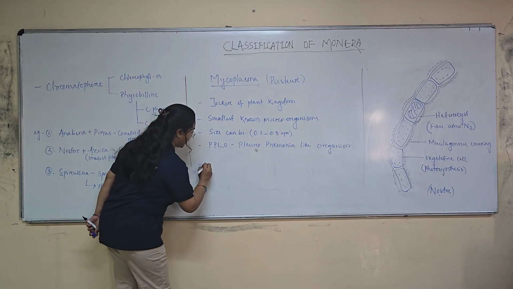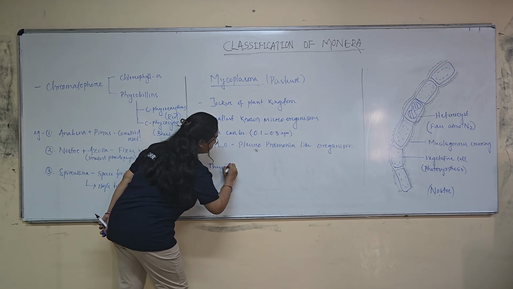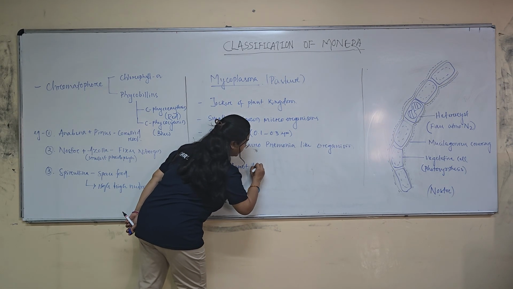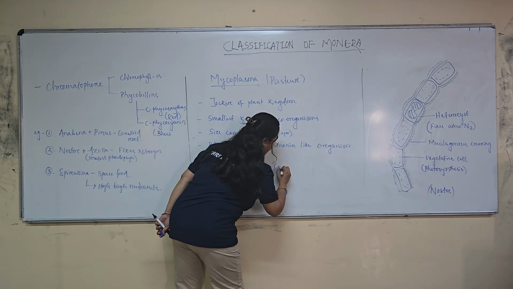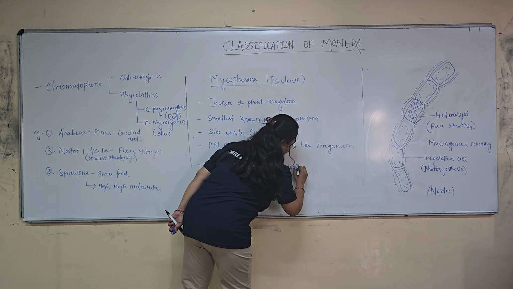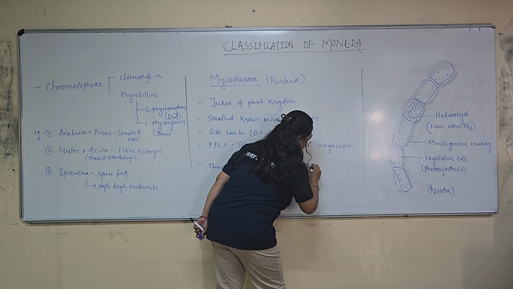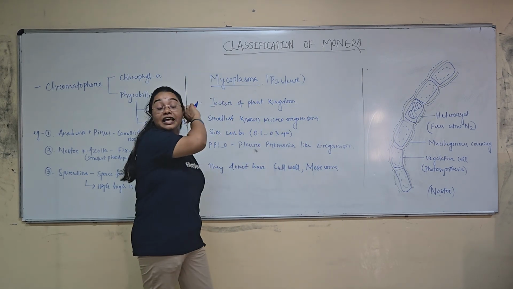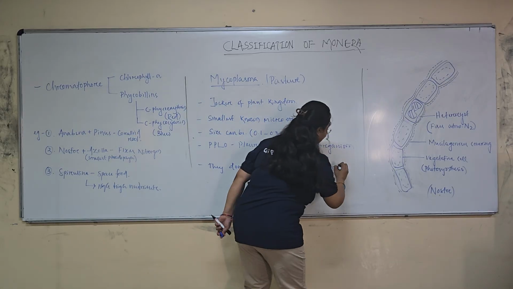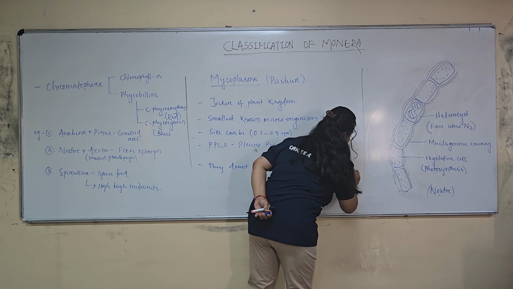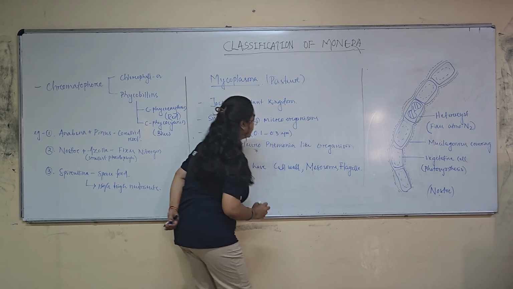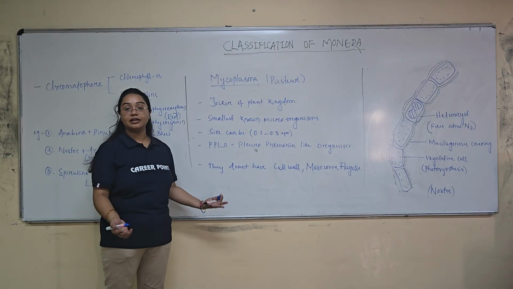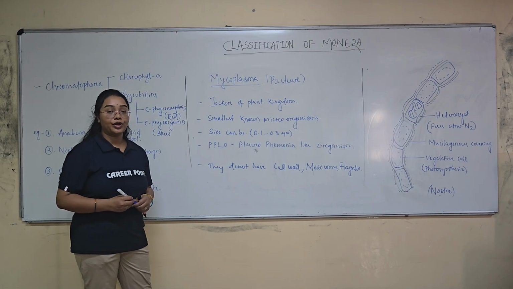This mycoplasma does not have a cell wall. Flagella are also absent.